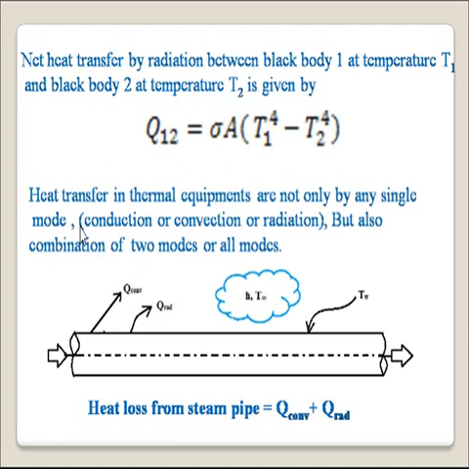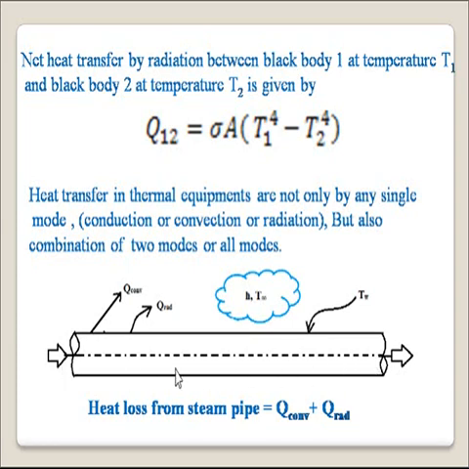The heat transfer in thermal equipment is not by any single mode, that is conduction or convection or radiation, but also by a combination of two modes or all modes. Here let us consider a steam pipe, and steam is flowing through the pipe at high temperature.